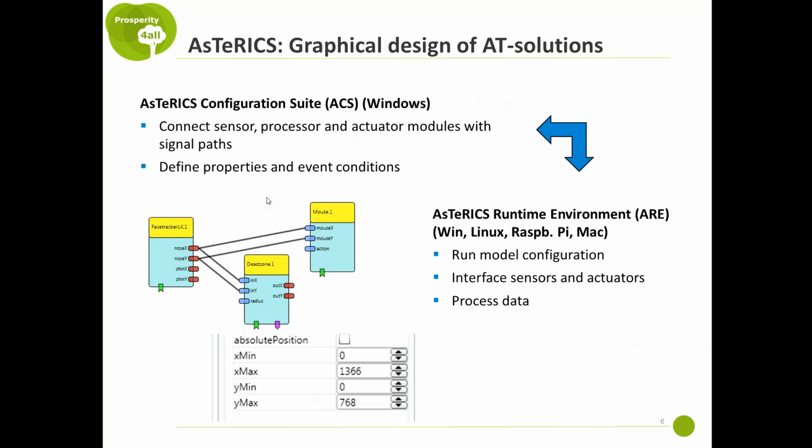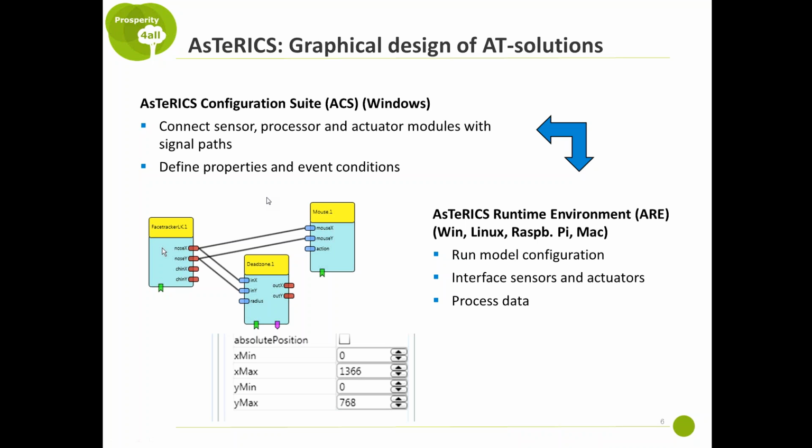What are the basic principles of AsTeRICS? There are two major components. One is called AsTeRICS Configuration Suite, or ACS. And the second one is called AsTeRICS Runtime Environment, the ARE. With the configuration suite, you can create assistive solutions with a graphical editor, where you simply put in some graphical elements.